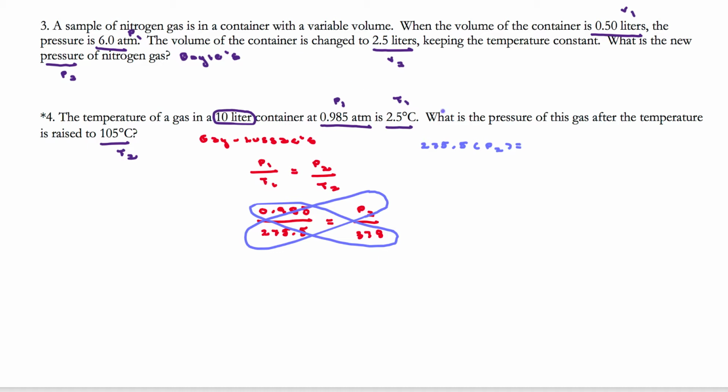And what I get is 372.33, and now I'm going to divide both sides by 275.5. And so my P2 that I get is 1.3515.